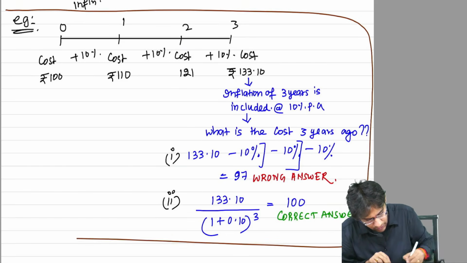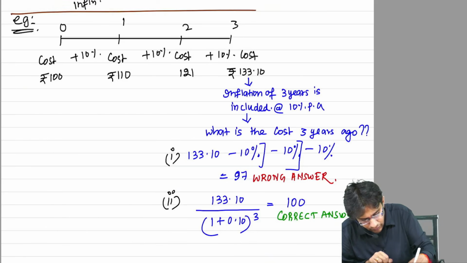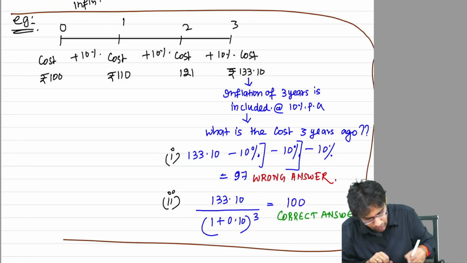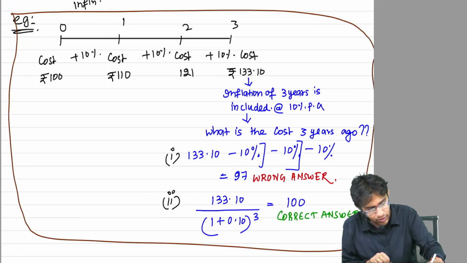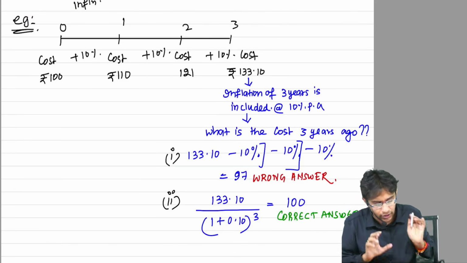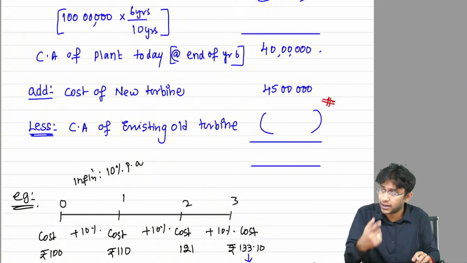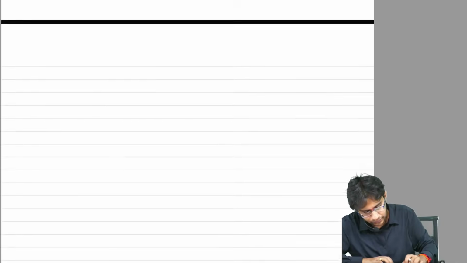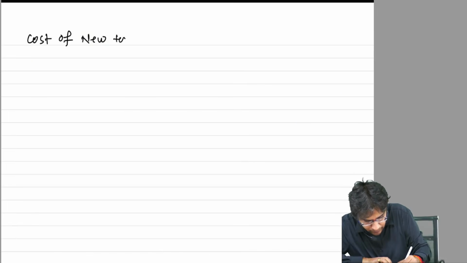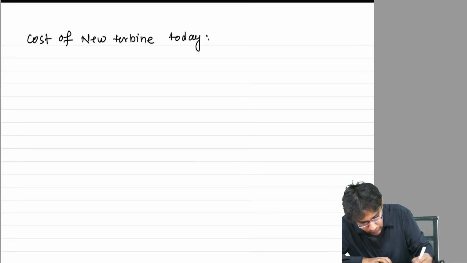So, a concept that you have now understood, we will again come back to the question and apply this. Now, the cost of a new turbine today is 45 lakhs.